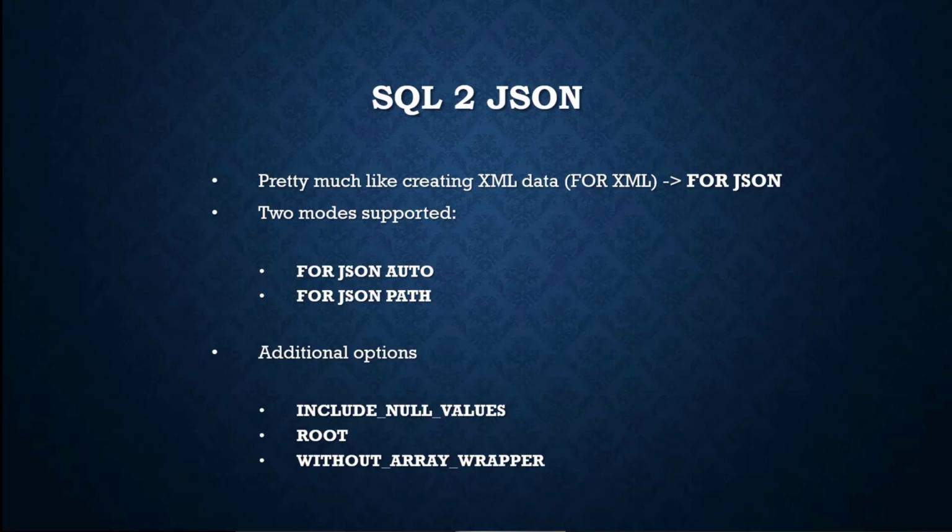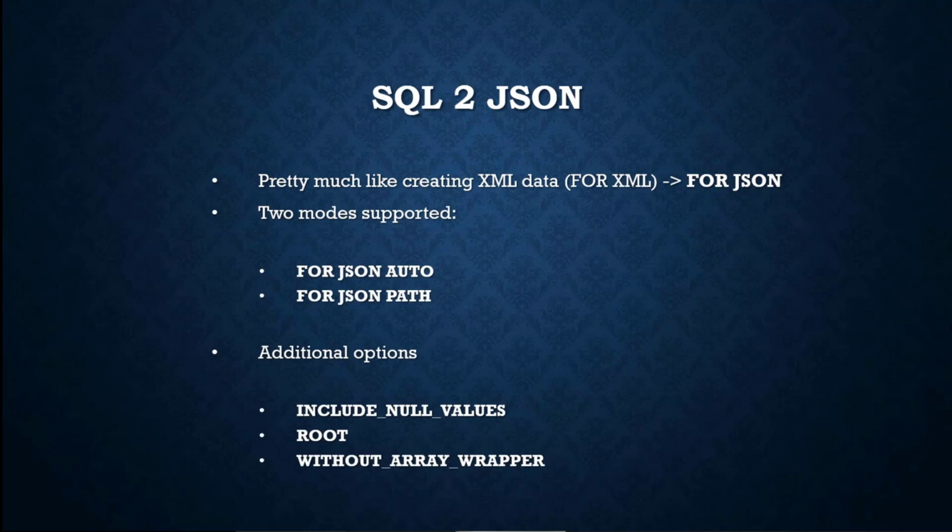Of course, there are two modes supported. The first is FOR JSON AUTO, and the second is FOR JSON PATH. With FOR JSON AUTO, the JSON output will be formatted automatically. And with the second one, the JSON output will be formatted by the query itself, like using aliases.